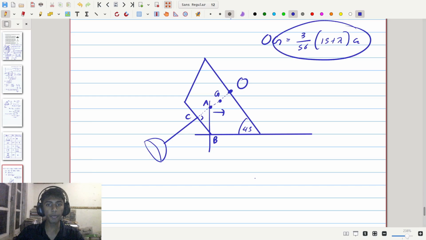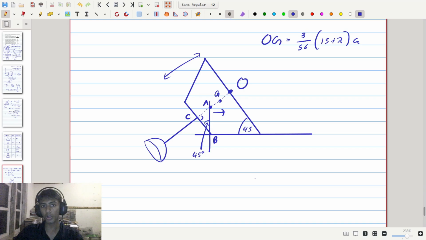So considering the point A here, due to geometry, if this angle is 90 degrees and these two lines are parallel to each other, then the angle here must also be equal to 45 degrees. Now, considering the geometry, because the total height here is equal to 2a, since the frustum is equal to 2a, the height here is equal to 2a, and the base radius here is equal to 3a, we know that this distance here, CB, is equal to a.